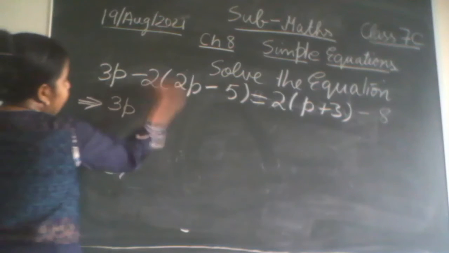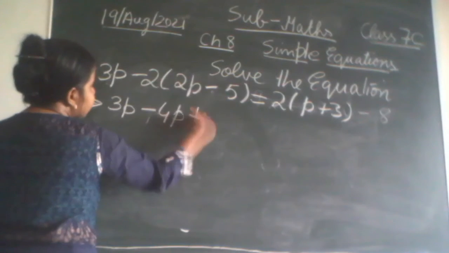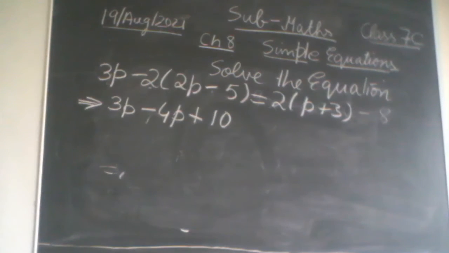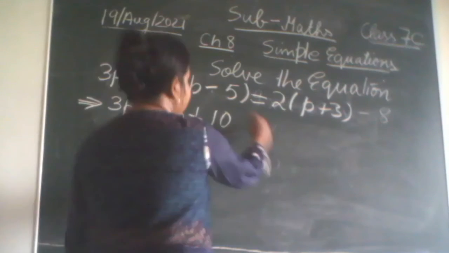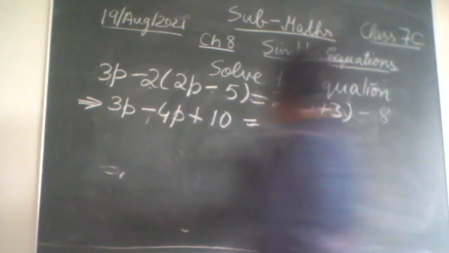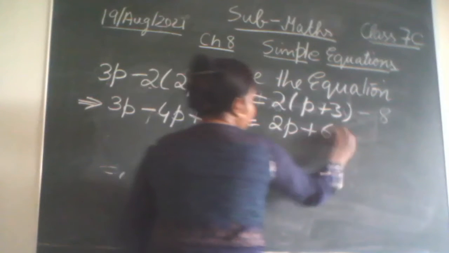3p, 2 into 2, minus 4p, minus minus plus 2, 5 and 10. Am I correct? Yes, ma'am. Okay, here 2p plus 6. 2 into p is 2p, 2 into 3 is 6, minus 8.